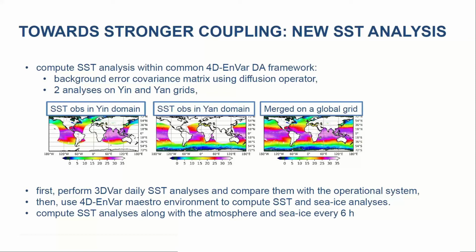The first step in this development is to perform the 3D-Var daily SST analysis and to compare it with the current operational system, and then to import the whole 4D-Var MAESTRO environment to compute SST and CICE analysis within this. After everything works, we can move even further to compute the SST analysis along with the atmosphere and CICE every 6 hours.